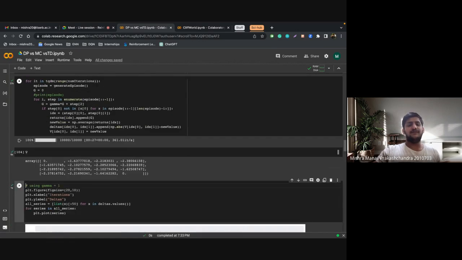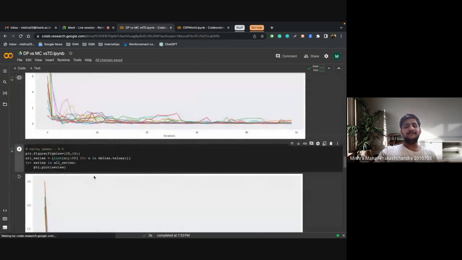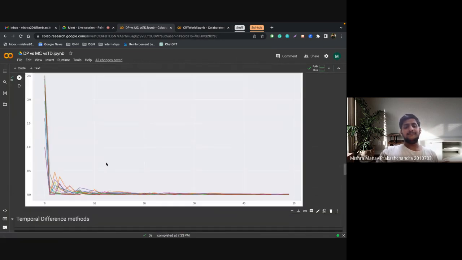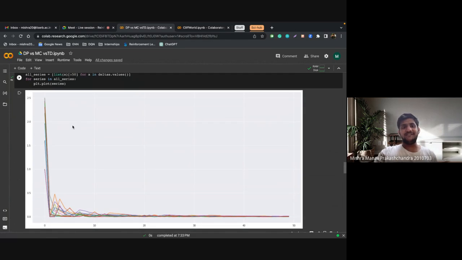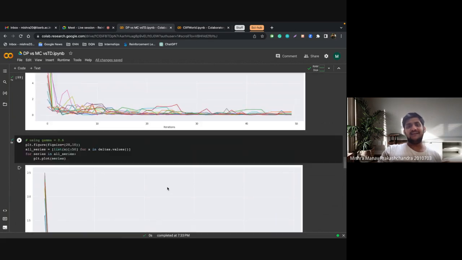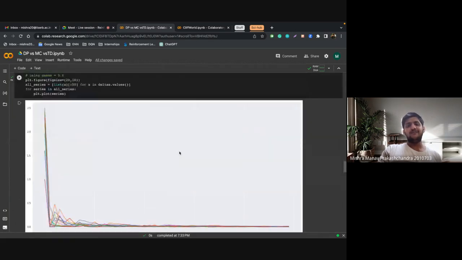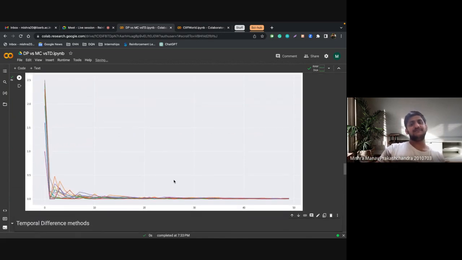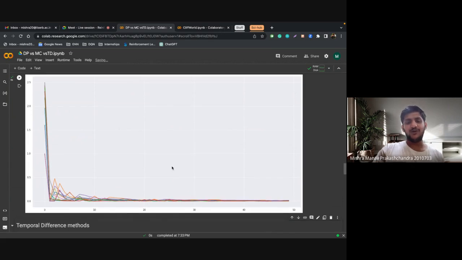This is how it looks, and I'll plot for gamma 0.6. Turns out with gamma 0.6, if I'm reducing gamma, it's a smoother convergence as compared to gamma 1. So based on the different tunings of the hyperparameters, which is gamma in this case, you can actually show convergence. So this was about Monte Carlo.